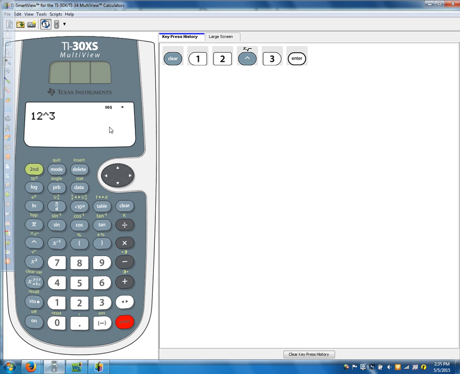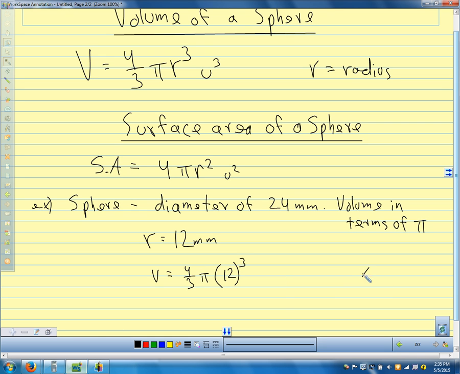So 12 cubed is 1,728. On older calculators, you might have a button that says y to the x. So you do 12 y to the x 3. Same kind of thing.